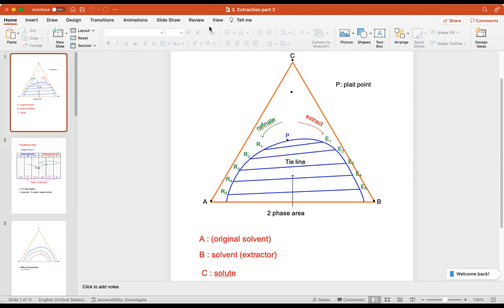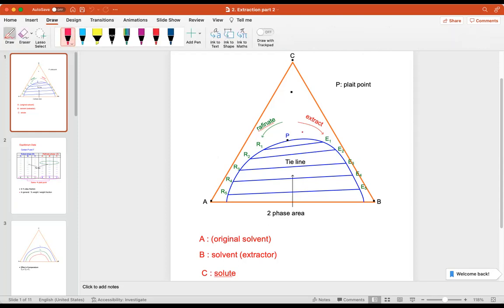Okay, now this is a typical phase diagram for extraction. So what is the information that we can draw from here?